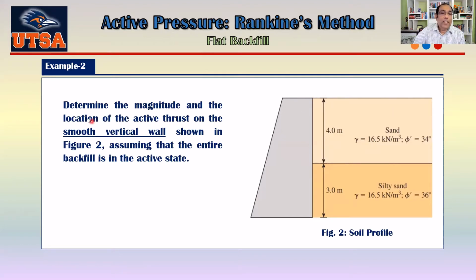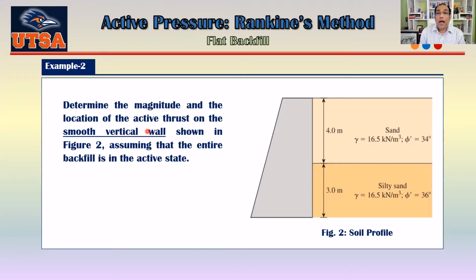Now, if I read this one: determine the magnitude and the location of the active thrust on the smooth vertical wall shown in figure 2. When it says a smooth vertical wall, it is implied that you have to use Rankine's method, because Rankine's method assumes that there is no friction between the soil and the wall.